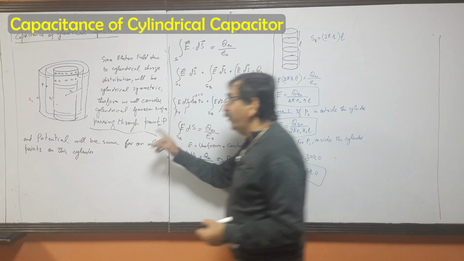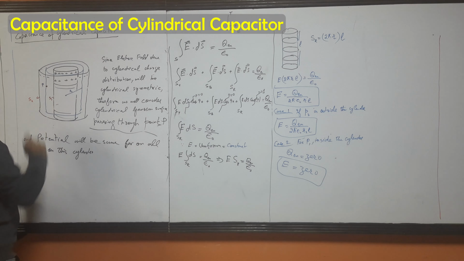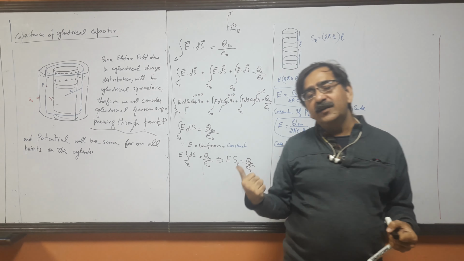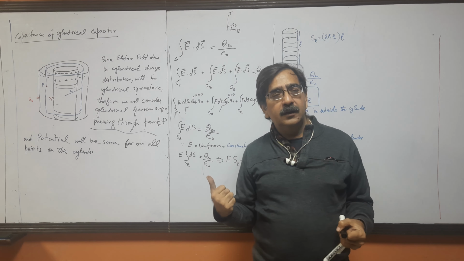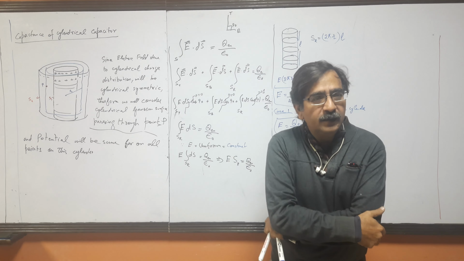Okay, but if we move from S1 to S2, if point P is close to the inner surface, then the potential will be higher. When it moves to the S2 negatively charged cylinder, then the potential will decrease.